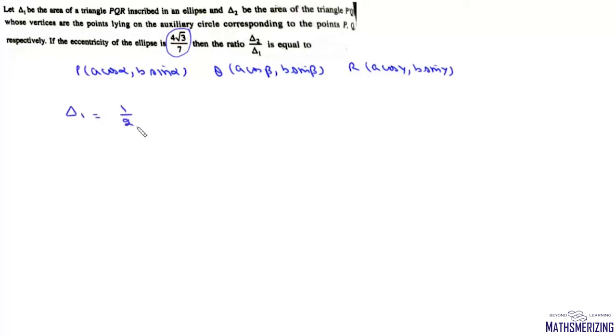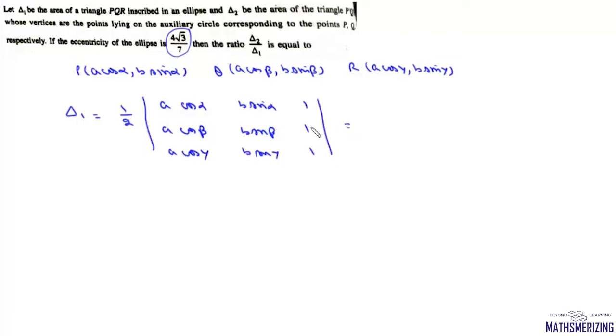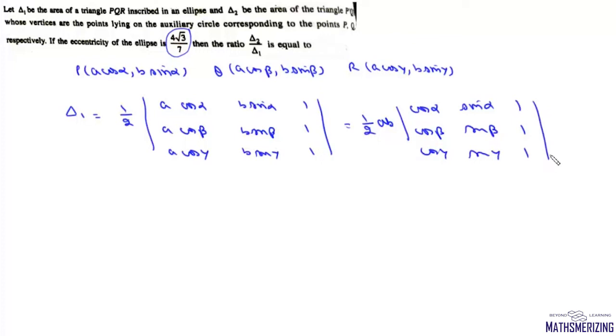So it'll be 1 by 2, and then the determinant with rows a cos alpha, b sin alpha, 1; a cos beta, b sin beta, 1; and a cos gamma, b sin gamma, 1. Now from the first column we can take a common, and from the second column we can take b common. So it will be 1 by 2 ab, and then the determinant with rows cos alpha, sin alpha, 1; cos beta, sin beta, 1; and cos gamma, sin gamma, 1.